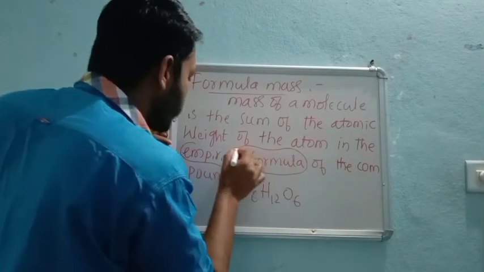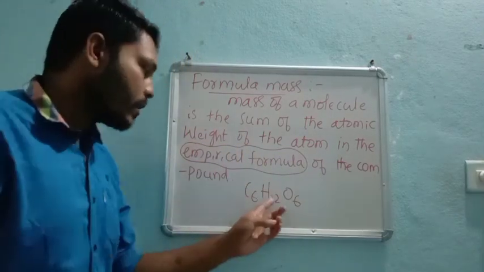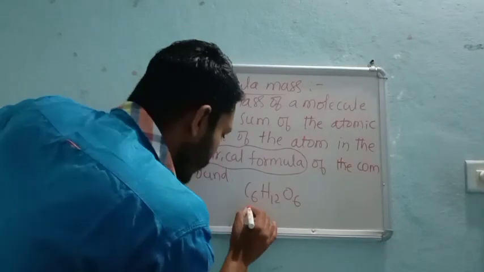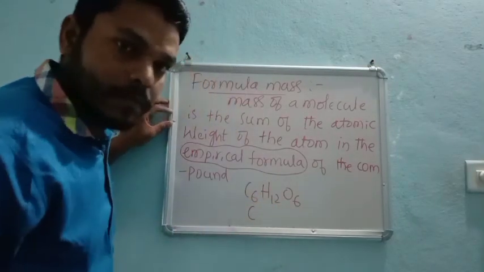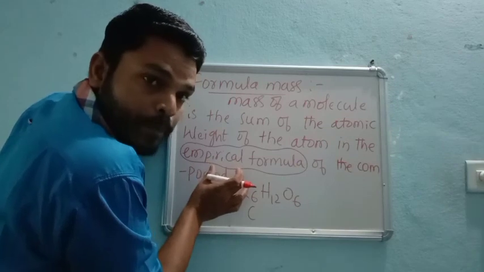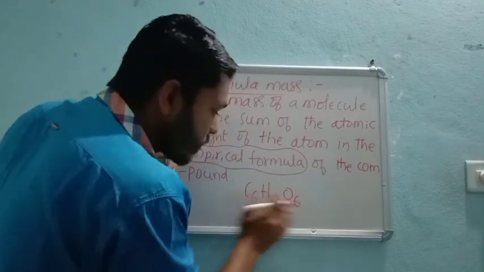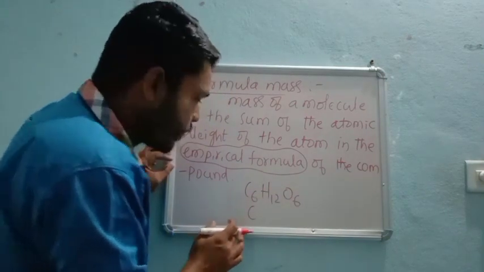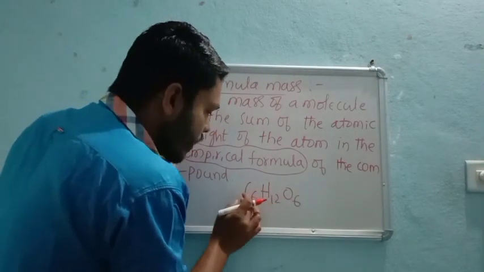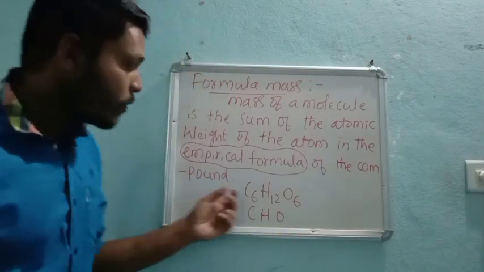Empirical formula means the number of different elements present in the given compound, right? So now see here, there is a C. I'm finding out just the empirical formula, the ratio of elements present in it. There are three different elements present: carbon, hydrogen, and oxygen. Now you come to the ratio.